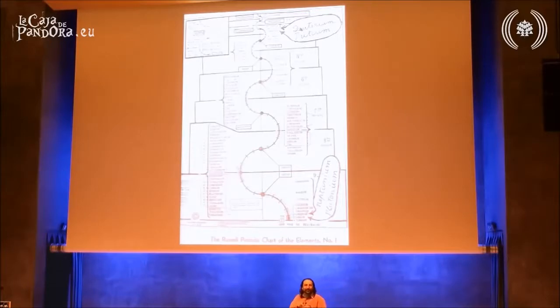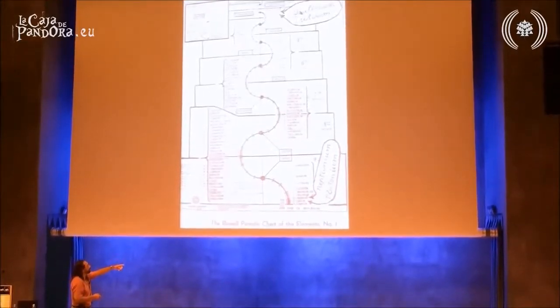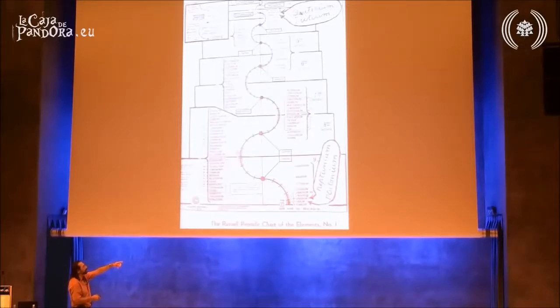And when he got all of the notes worked out, he realized some of the notes were missing. And so he said, "We're missing some of the elements." And that's how he discovered plutonium and thorium and deuterium and tritium.